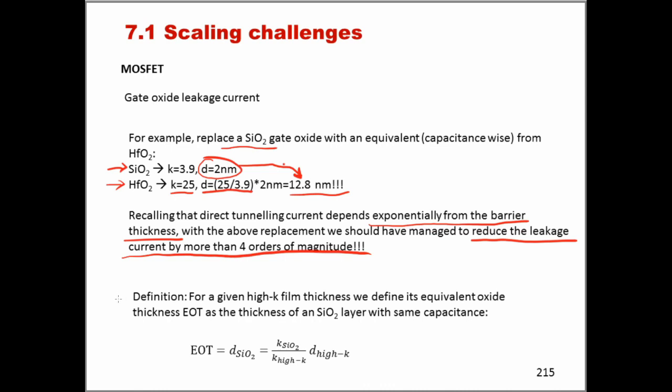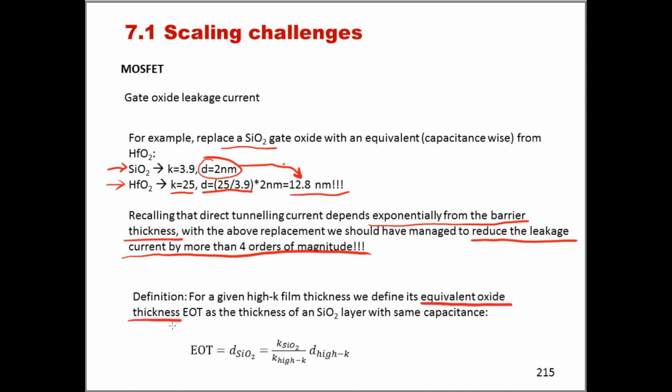Since we are talking about changing the dielectric materials and using high-K materials, it's quite important to clarify a term that is widely used, especially when we deal with high-K materials, and this is the concept of equivalent oxide thickness.